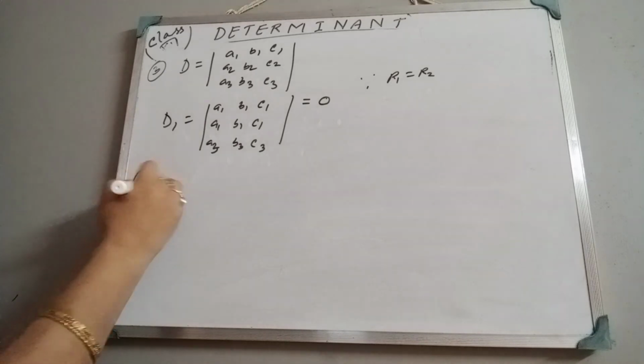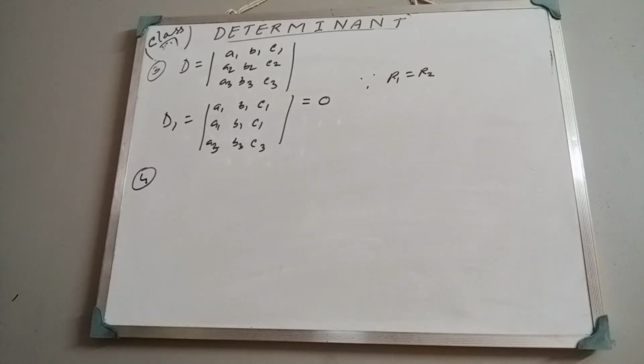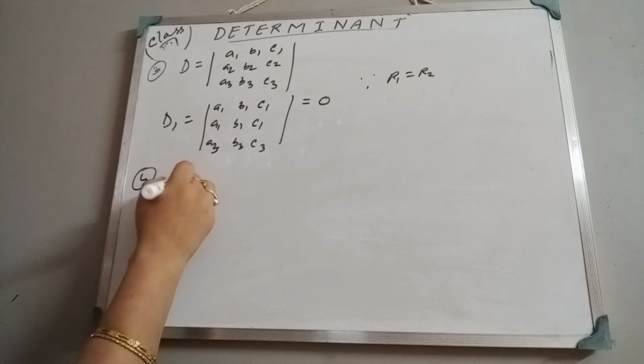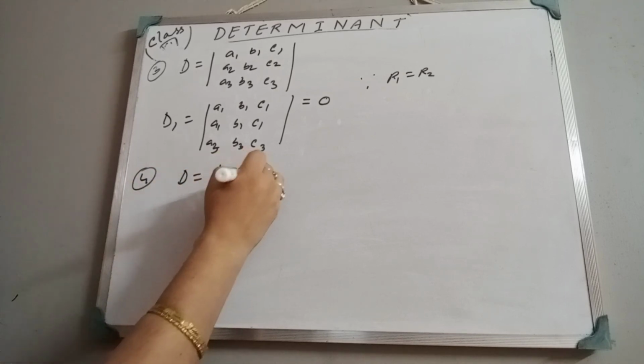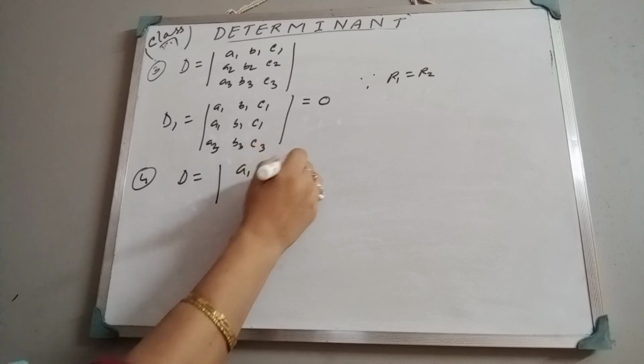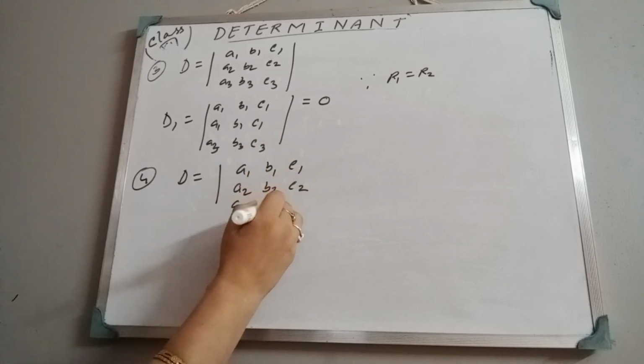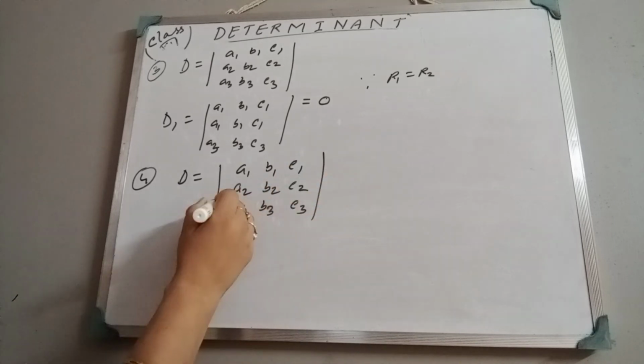Property number 4. If each element of a row or column of a determinant is multiplied by the same quantity, then the determinant is multiplied by that quantity. What does it mean? Let D equal A1, B1, C1, A2, B2, C2, A3, B3, C3.